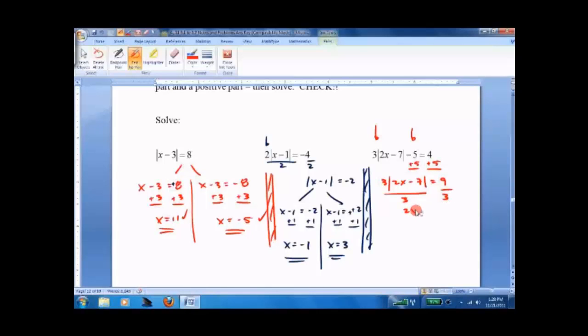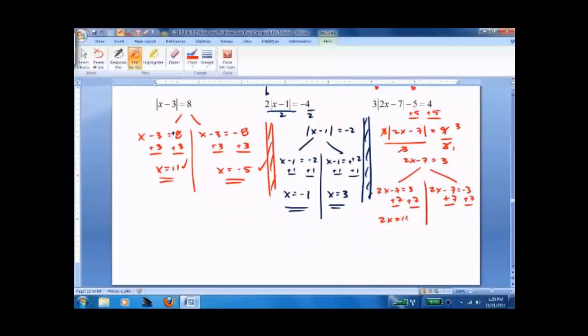So 2x minus 7 equals 3. Break it into 2. 2x minus 7 equals 3. 2x minus 7 equals -3. Add 7 to both sides.